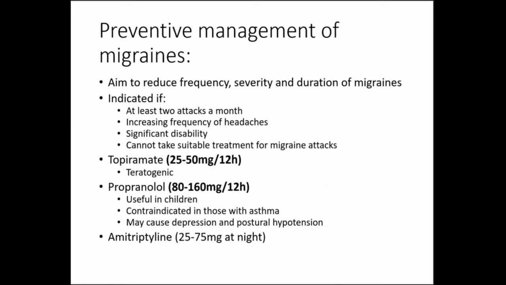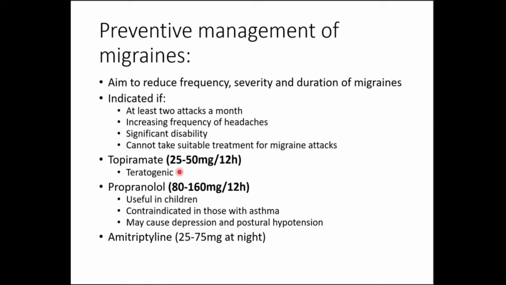So topiramate, you would usually start off with a low dose of about 25 milligrams per day, and slowly titrate this up to 100 milligrams twice per day. The patients may need to be on this for about 2 to 3 months to see a response. However, it's important to consider the side effects.